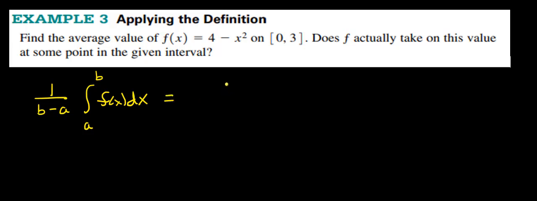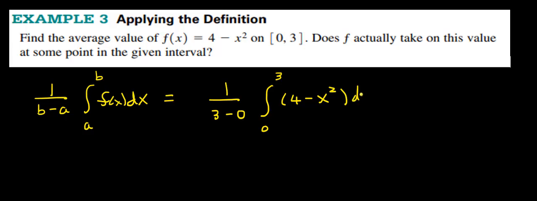So that's going to be 1 over 3 minus 0, and the integral from 0 to 3 of the quantity 4 minus x squared dx.